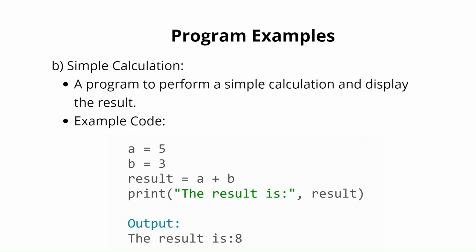So the result is nothing but A plus B, that is 5 plus 3. Again in the print statement, what we have given is "the result is" and whatever result we are getting. So at the end, the output that we get is "the result is 8" because 5 plus 3 is 8.